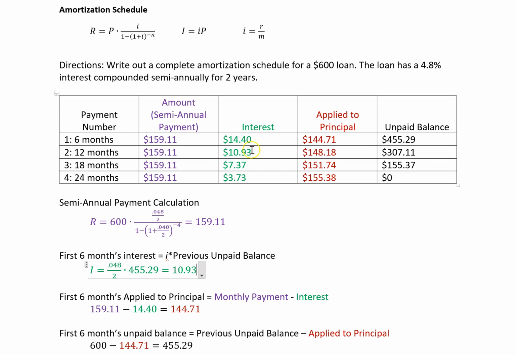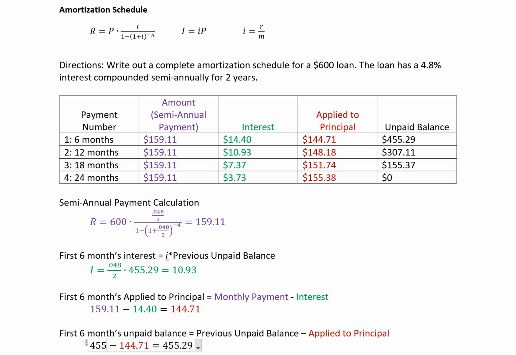So we can look up above at the table and see that if my payment was $159.11, the interest was $10.93, I subtract those 2 values, I now have $148.18 applied to principal. That's the amount that the loan's being paid down. Now, the loan was previously $455.29. So let's write that down below.